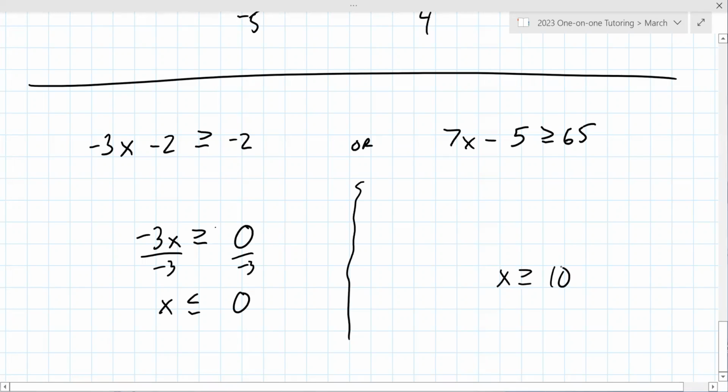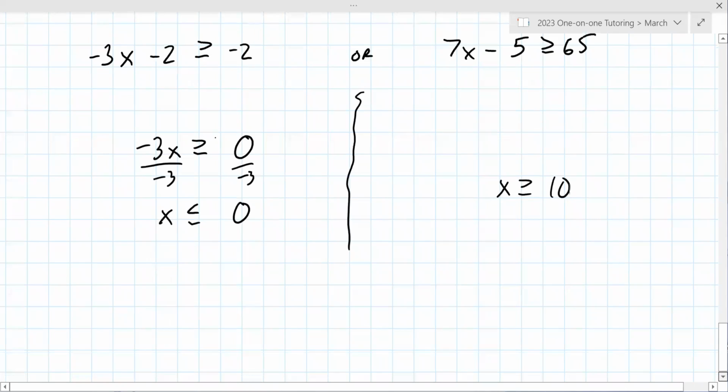Very good. Okay, so let's go back and do some of the other ones that we did from yesterday. Any questions on those before we get started on that?